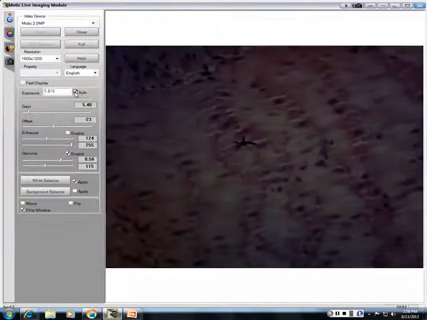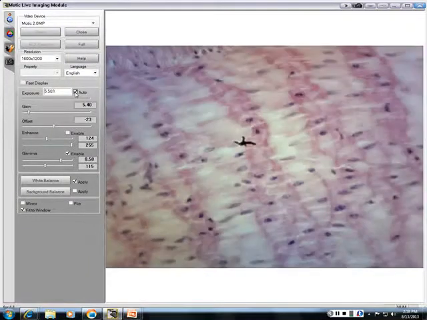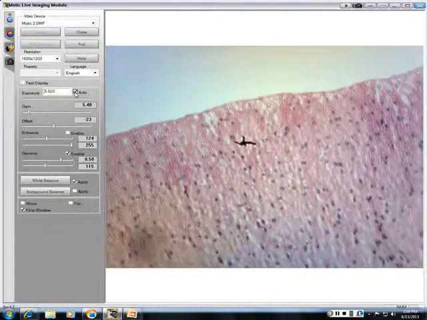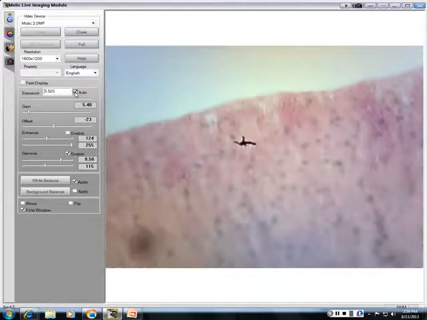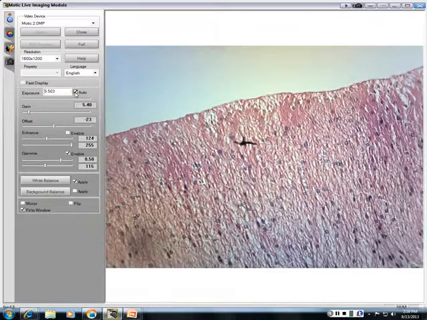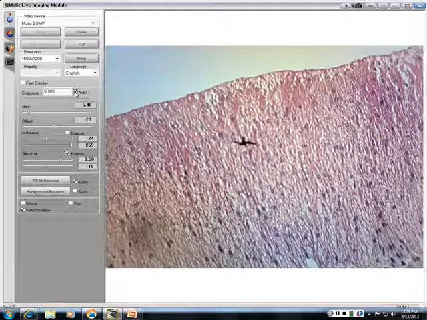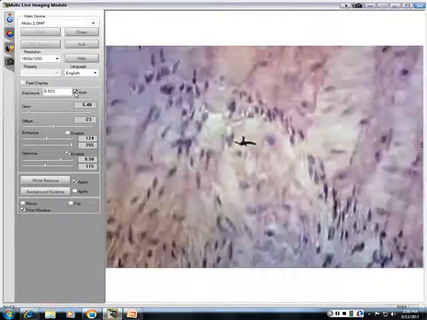Increase in magnification. You're still looking for the edge. I'm not really seeing a defined layer of cells like I should see if I'm looking for epithelium. So let's take a look at the other side, see if that looks more like what we want.